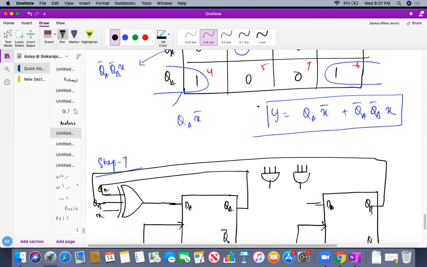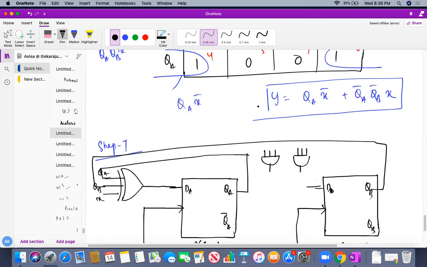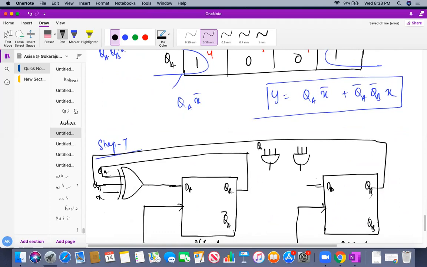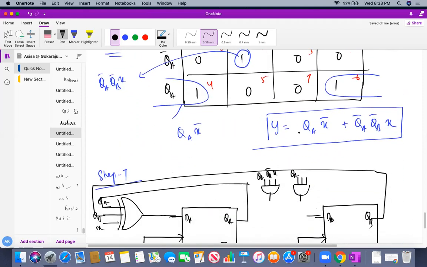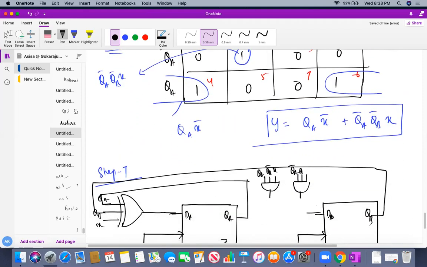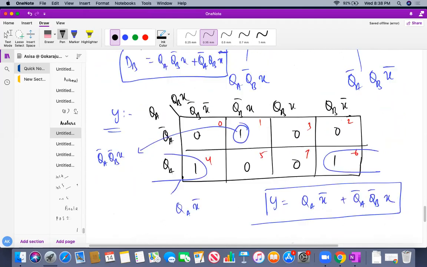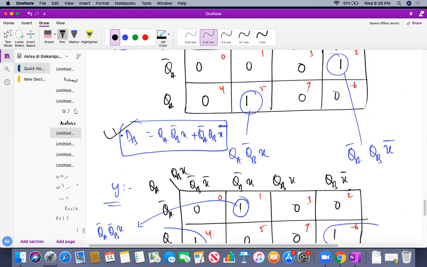This one is QA QB bar X, and this is QA bar QB X bar. Finally these two will go for OR operation, and it will go to DB. Do you all understand? So I have just implemented this DB, nothing else.